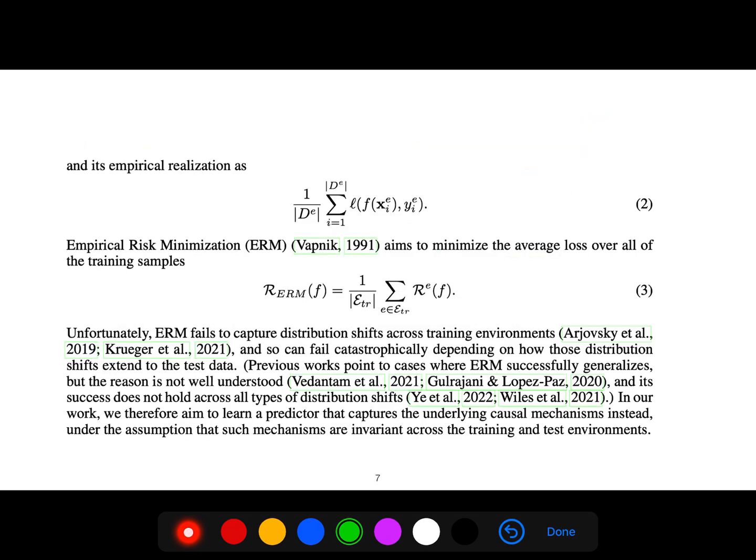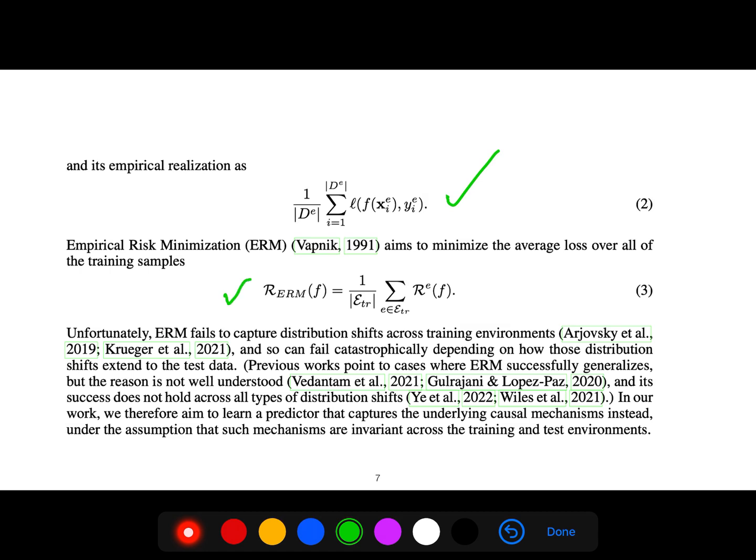Its empirical version of the risk is this equation, and empirical risk aims to minimize the average loss over all training samples. So this is the empirical risk minimization.